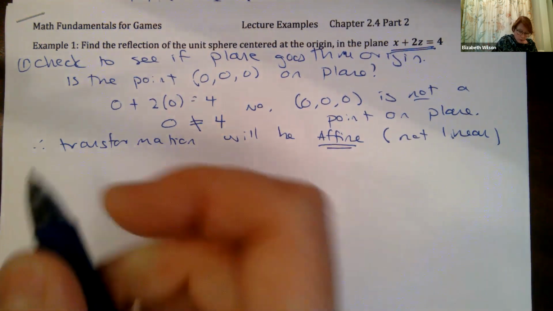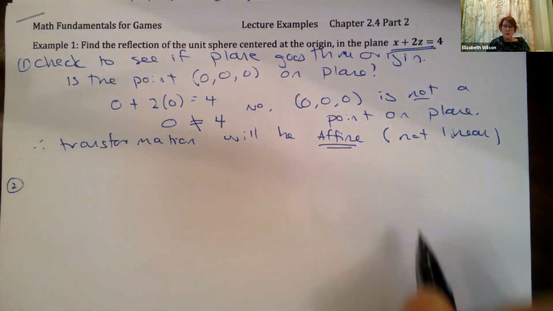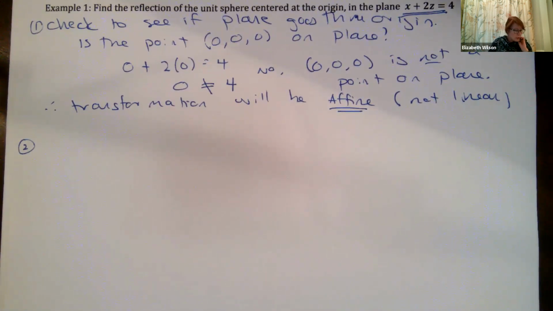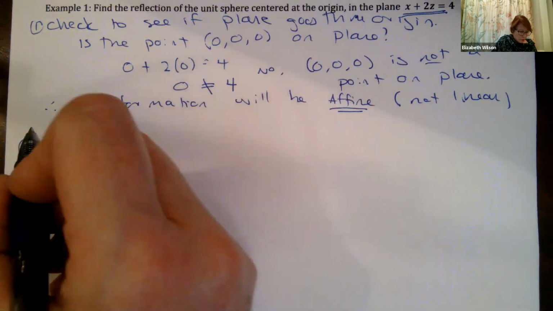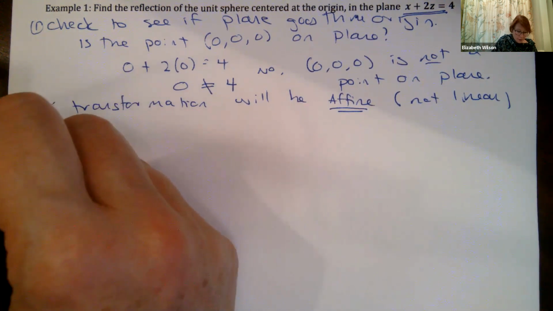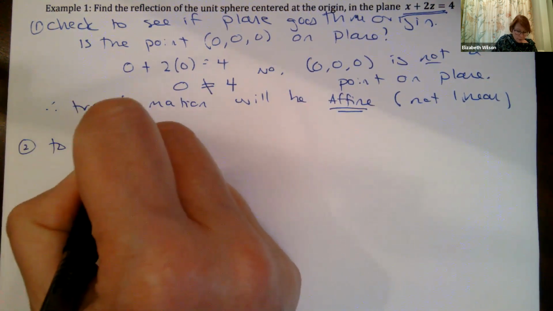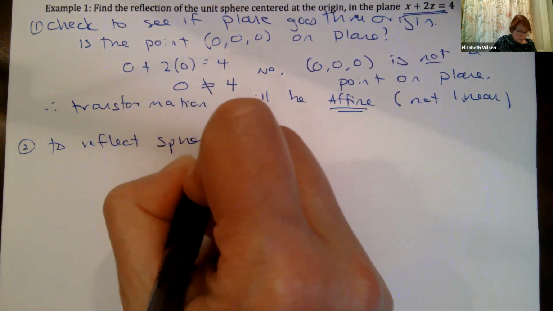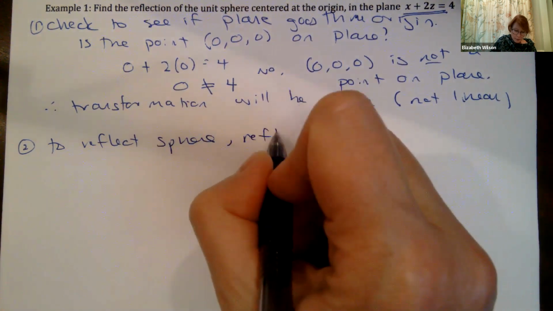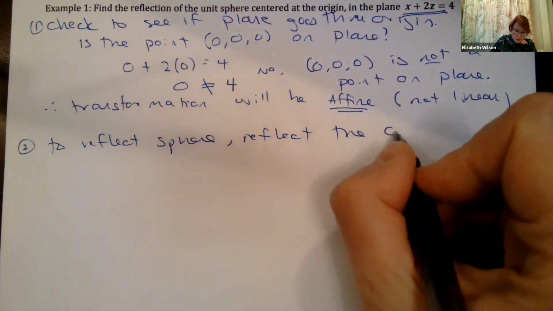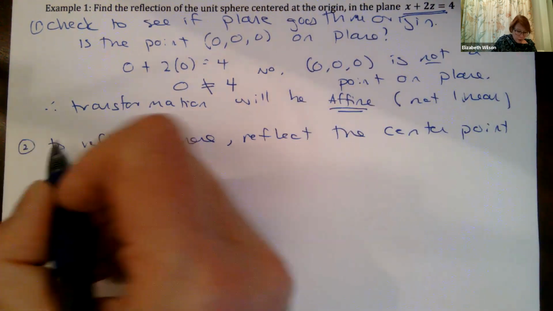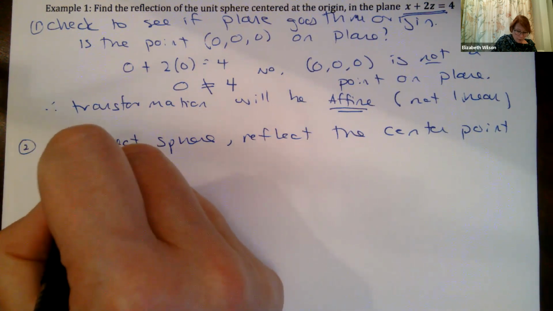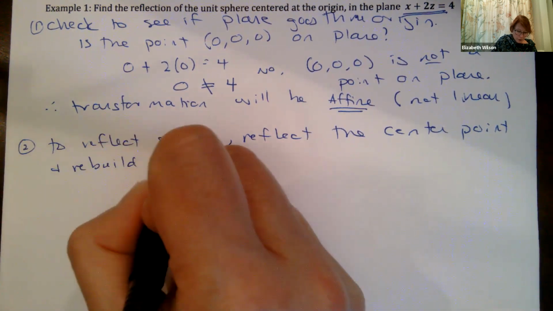Okay, so this is the steps to shift our world, step 2. But actually step 2 is still a little bit of a pre-check. I'm going to decompose my sphere stuff. So to reflect the sphere, I'm just going to reflect the center point of my unit sphere and then rebuild the sphere later.